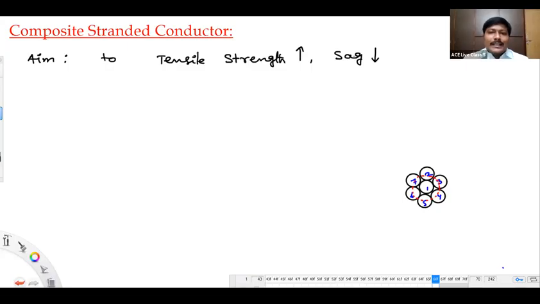Why do we have to go for only central? Why do we have to replace this number 1 with a new strand with higher tensile strength? Why can't we replace number 2, number 3, number 4, 5, 6, 7? Why are you concentrating only on the central strand to replace with a new one? To provide a sort of mechanical balance in the conductor, we should replace only the internal strand with a new one.